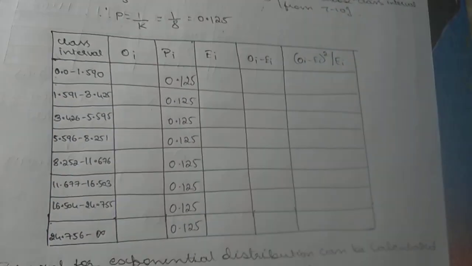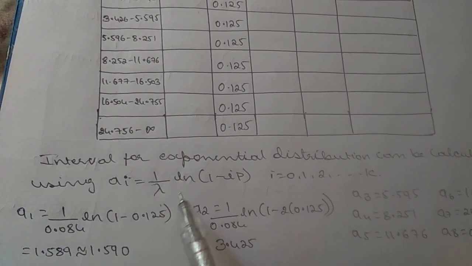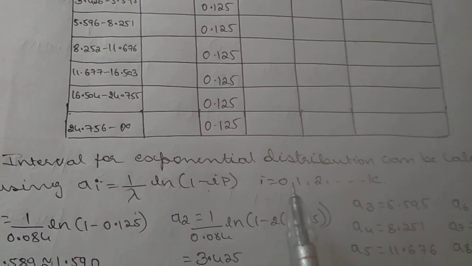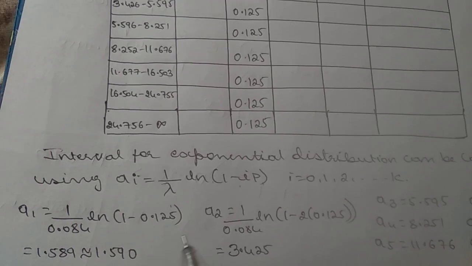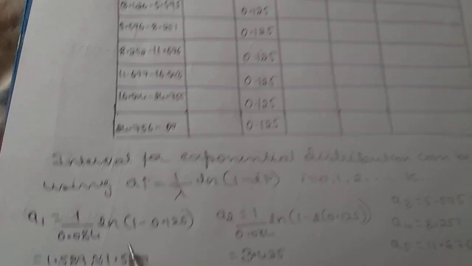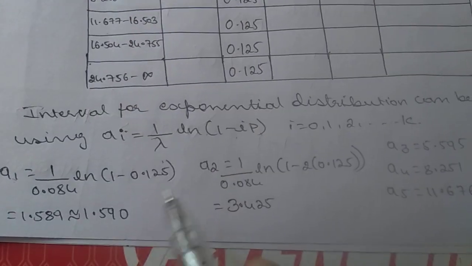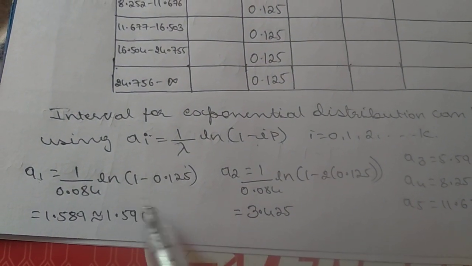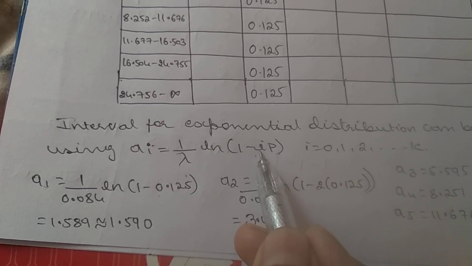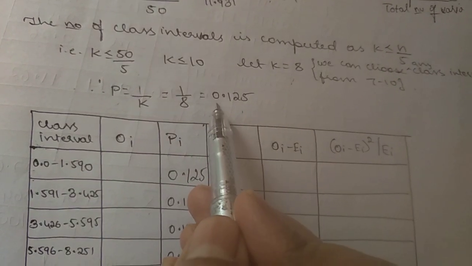To calculate this, we have a standard formula, that is A_i equals 1 divided by lambda times ln of 1 minus i times p, where i varies from 0 to k. First I'll calculate A1. This is the first interval I'm calculating. 1 divided by the lambda value we have just calculated, that is 0.084, ln of 1 minus i, which is 1, so 1 into 0.125.